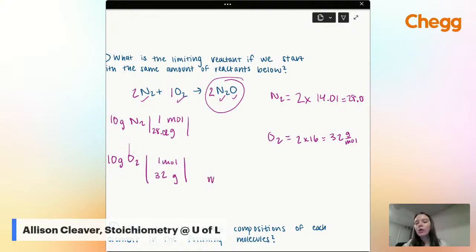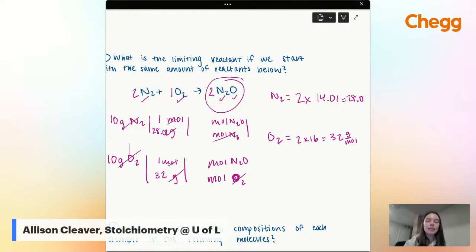So I'm going to go moles of O2 to moles of N2O, and moles of N2 to moles of N2O. The reason we write it this way is whatever's on the top, we want to cancel on the bottom so that we can end with what we want. And in this case, we want moles of N2O on both.